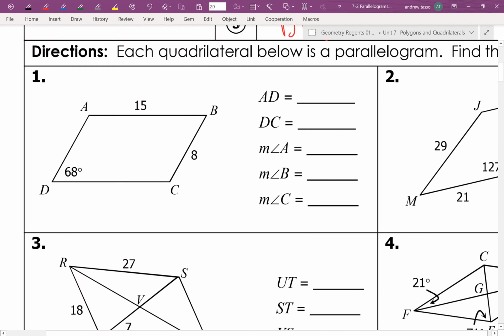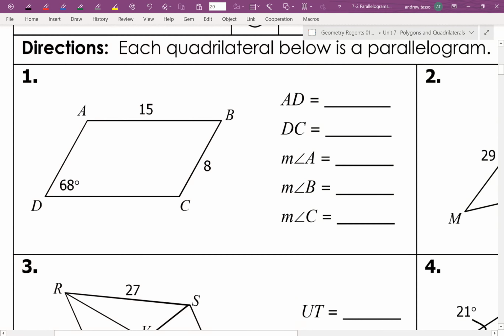All right, so here's our first question using properties of a parallelogram. So we're given the fact that this is 15, and since opposite sides are congruent, we can determine this would be 15, right? So we could fill that in here. Similarly, since this one is 8, we could determine that this one is 8. All right, so we could fill that in here because opposite sides are congruent. Next thing we remember is that opposite angles are congruent, so we could determine that angle B would have to be 68 degrees, right?